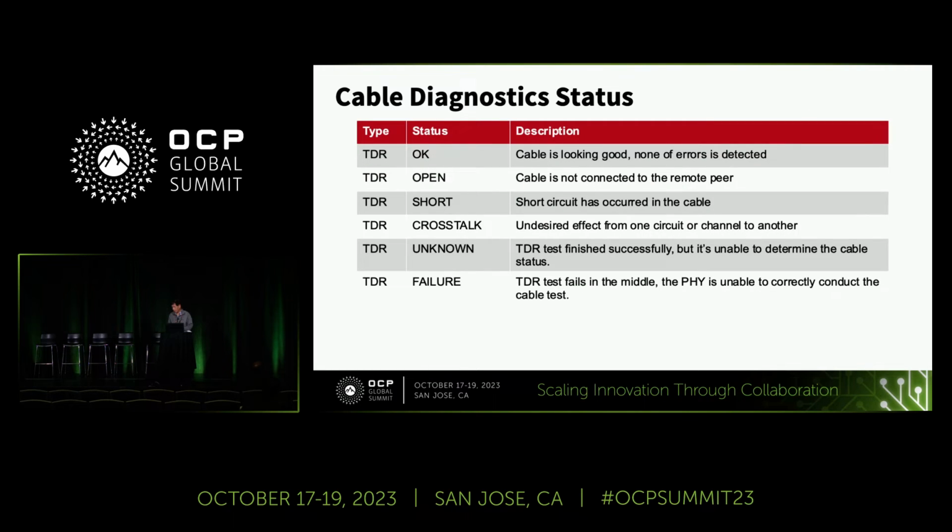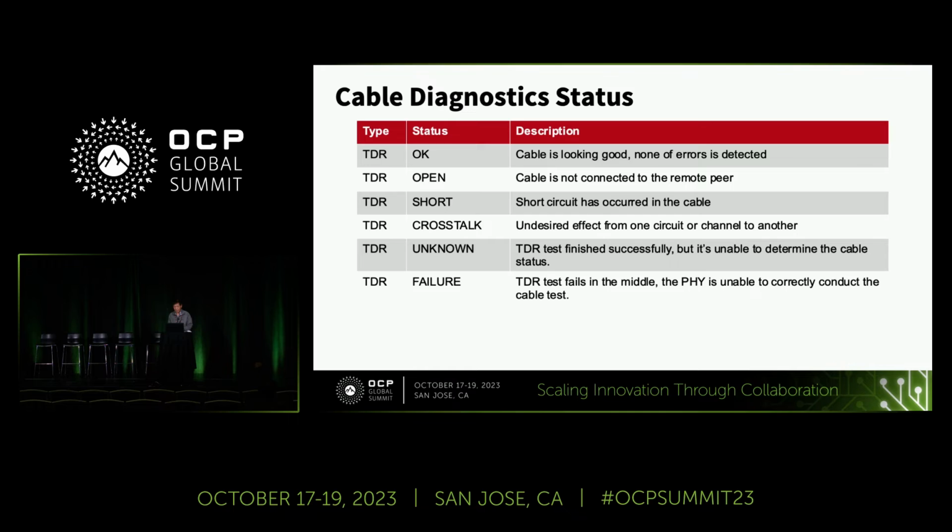This is the detailed explanation of those statuses. Okay means it's okay. Open means it's an open circuit, and most likely you don't have the cable plugged in. Short and crosstalk probably mean it's a bad cable. And unknown, there could be some other reason. Actually, one thing I can think of is that we define short and open for the entire cable.